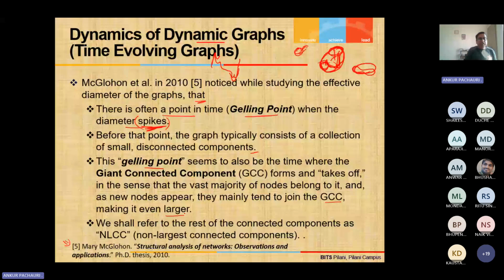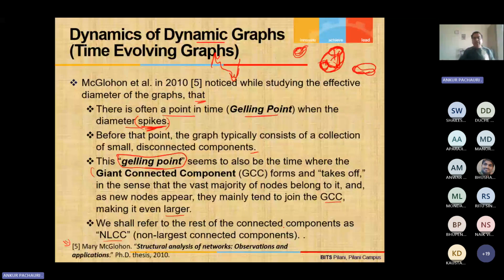So that point in time where a spike was found in the diameter of the graph is called the gelling point, with the giant connected component, and then the other NLCC, the non-largest connected components.